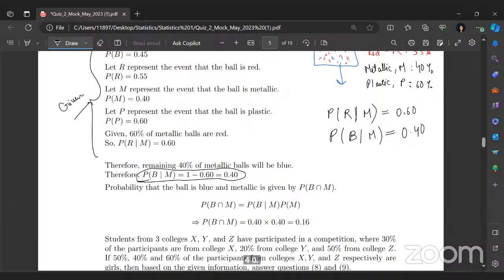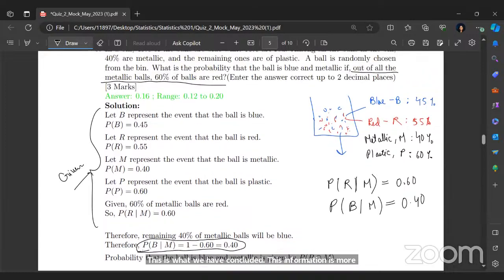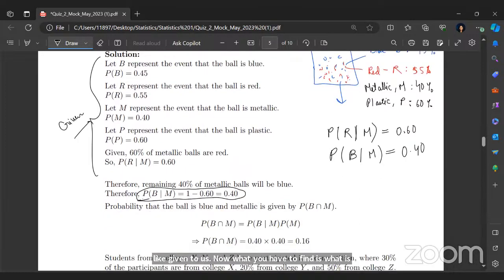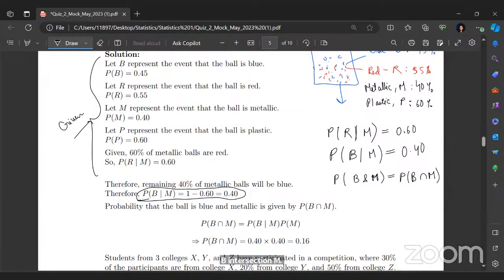This information is more or less given to us. Now, what you have to find is the probability that the ball is blue and metallic. When you say the probability that the ball is blue and metallic, it means you are interested in the joint distribution, that is probability of B intersection M. You know the relationship between the joint, conditional, and marginal.